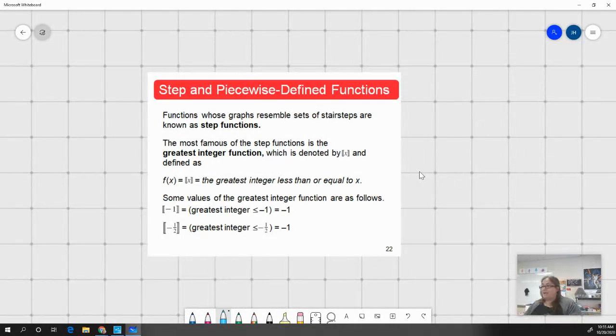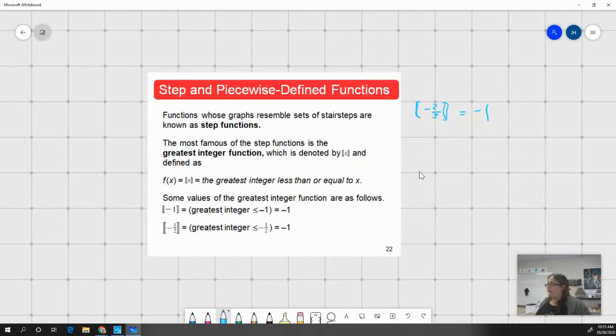So if I had, I can never make these stepwise functions. Say I had, I think it's like a bracket with a line, -2/3, right? The greatest integer of that would also be -1, because it's the one closest to it.